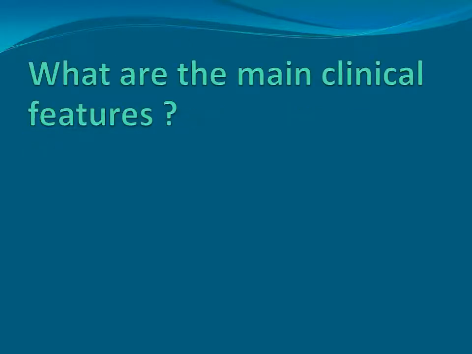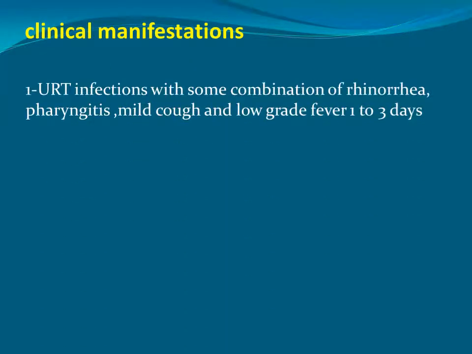What are the main clinical features? How does the patient come to us? Firstly, there are signs of upper respiratory tract infection with some combination of rhinorrhea, pharyngitis, mild cough, and low-grade fever for 1 to 3 days before the problem. In most respiratory tract infections, there is a preceding history of prodromal symptoms of cough and rhinorrhea.